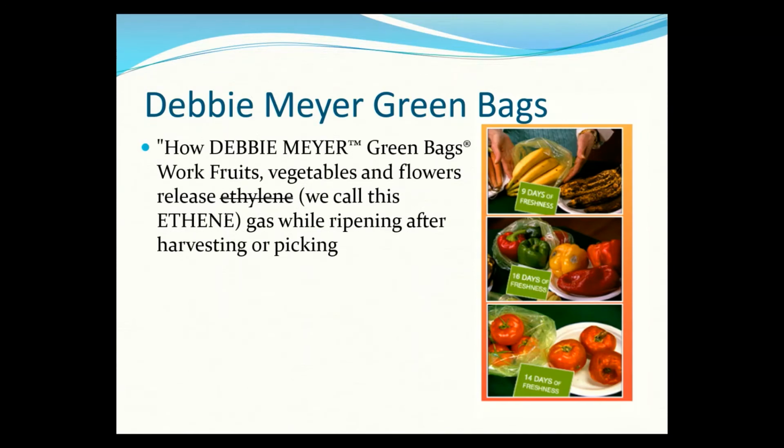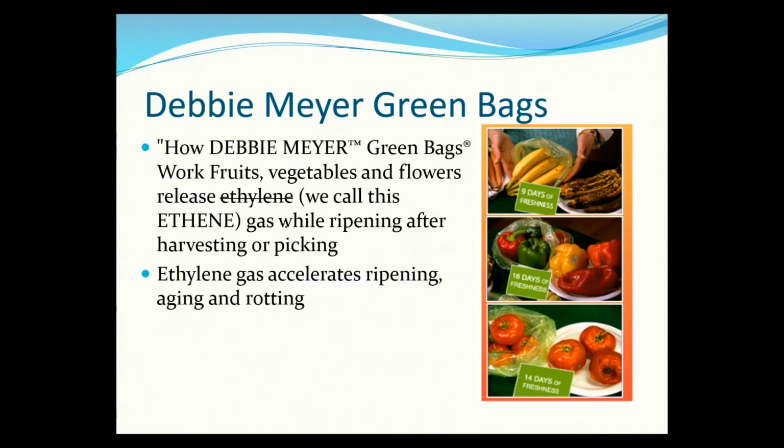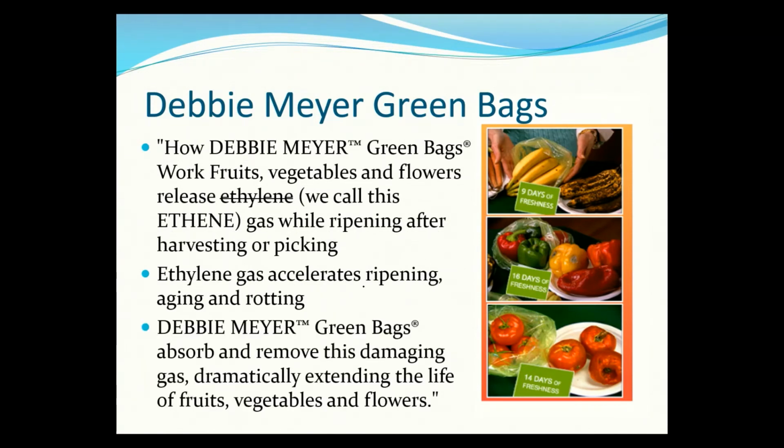So fruits and vegetables release this ethene gas after they are harvested. Ethylene or ethene gas accelerates the ripening process, and what Debbie Meyer green bags do is they absorb and remove this gas, which can extend the life of your flowers or fruits or vegetables.